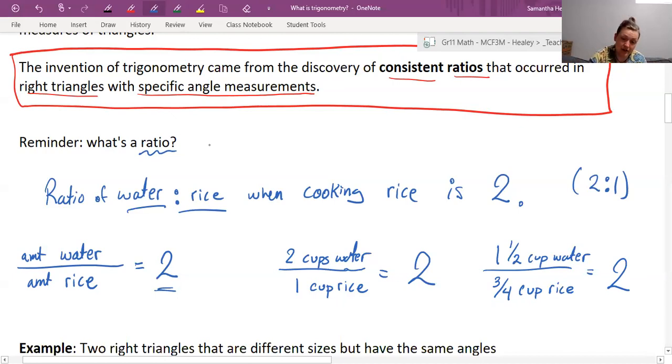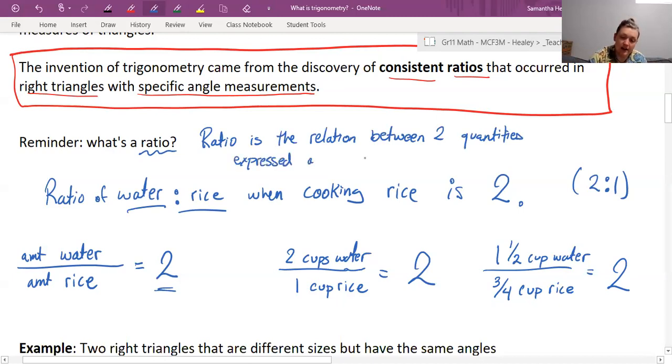Ratio is the relation between two quantities, and it's expressed as a number by dividing one quantity by the other, which you just saw here.